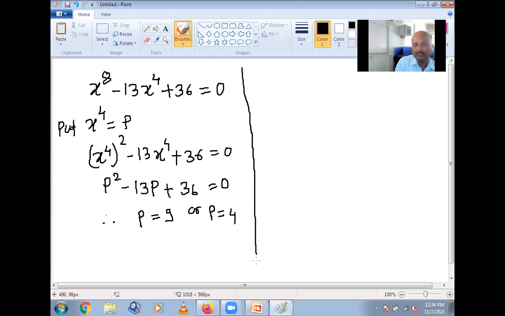Put these values in equation 1. Suppose equation 1 is x raised to 4. So x raised to 4 is equal to 9 or x raised to 4 is equal to 4.